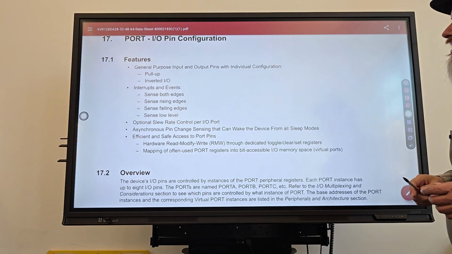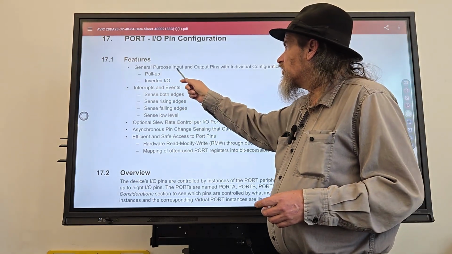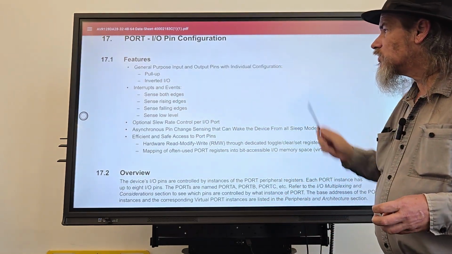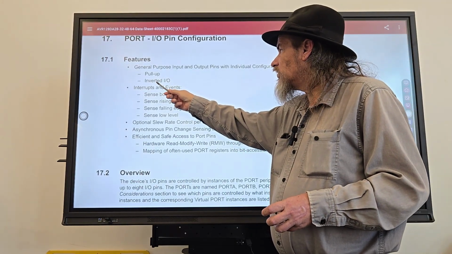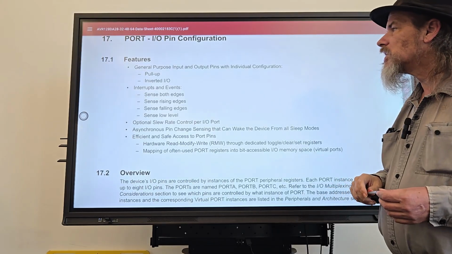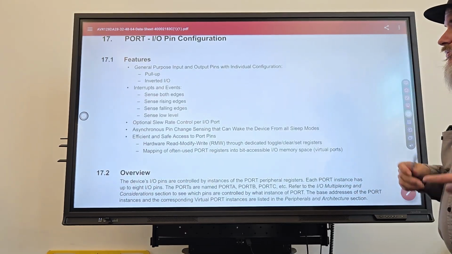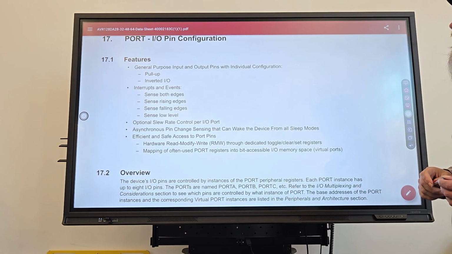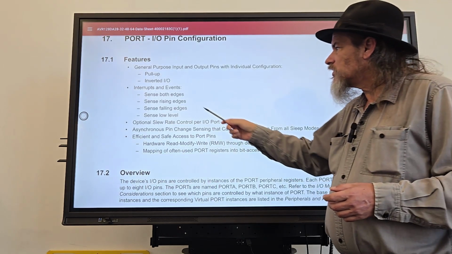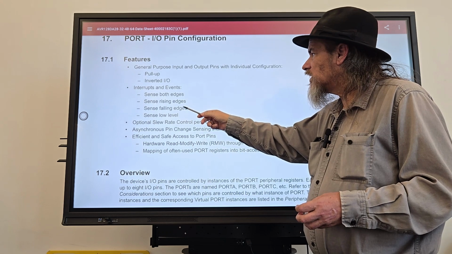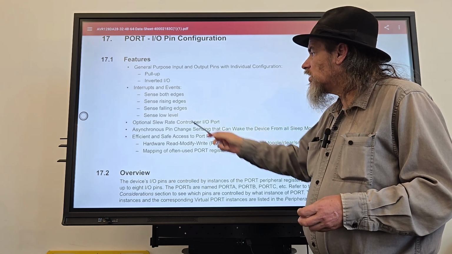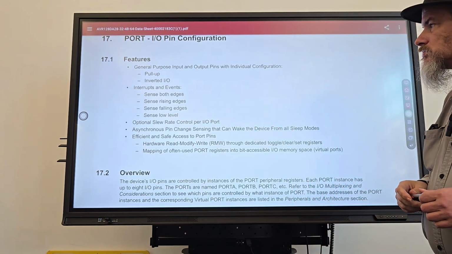Ports. We're going to look at the features. The ports are general purpose input and output pins with individual configuration. Pull-up resistors or inverted I/O if you choose it. It can sense both edges, increasing edge or falling edge, or both, or sense a low level.